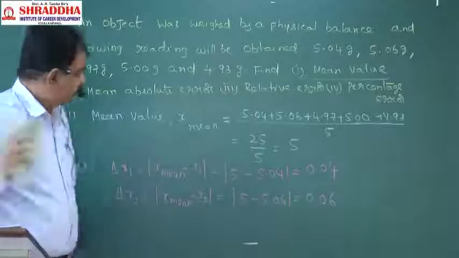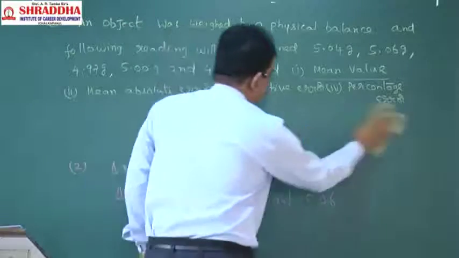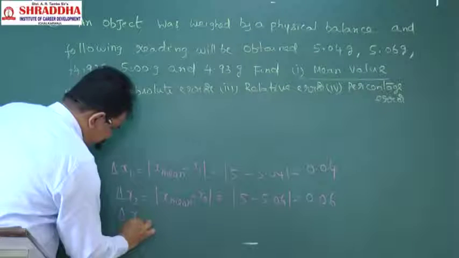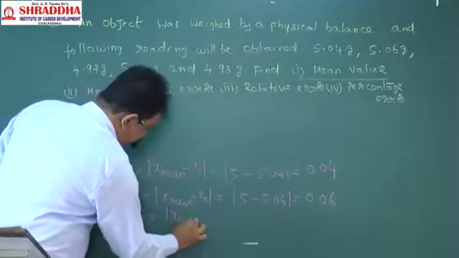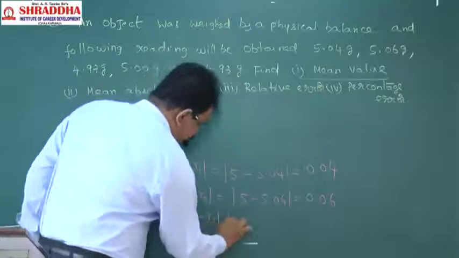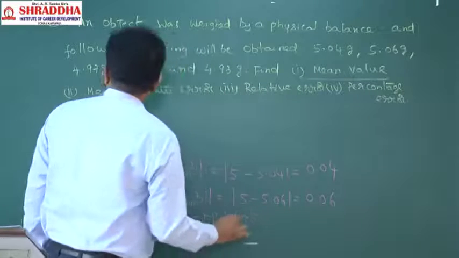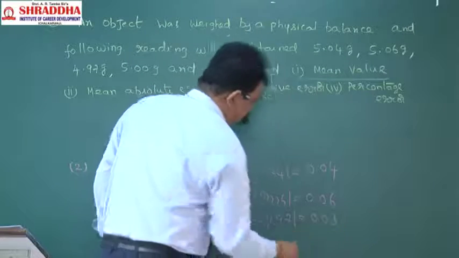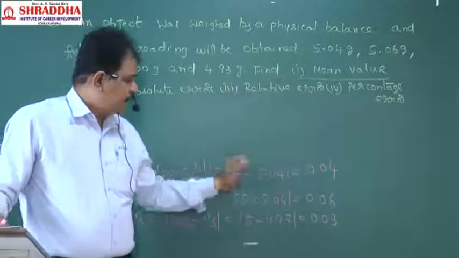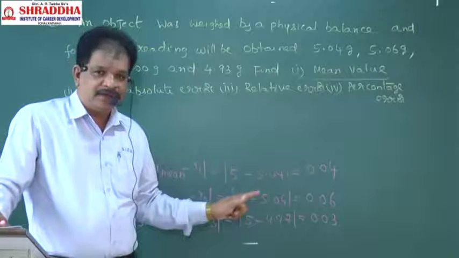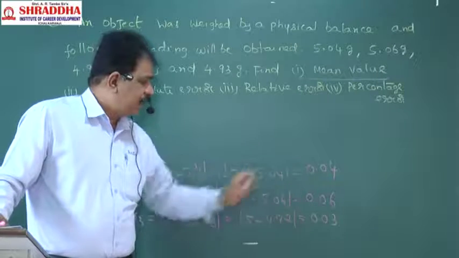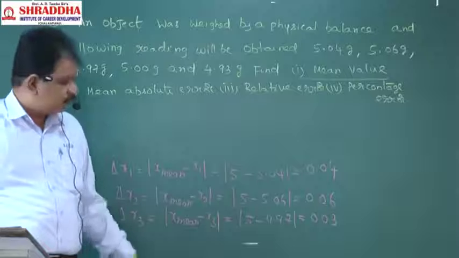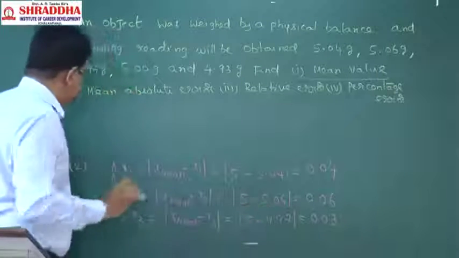In the same way, delta x3 is equal to x mean minus x3, 5 minus 4.97, so this value is 0.03.